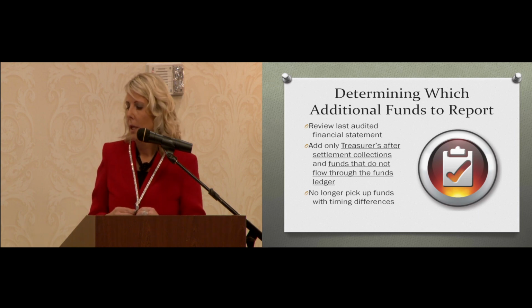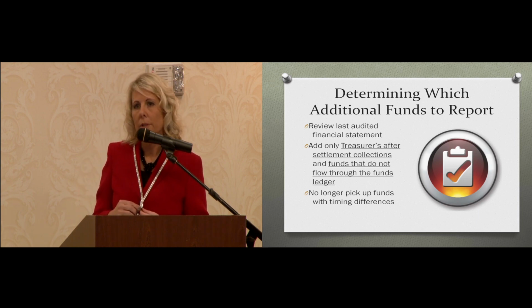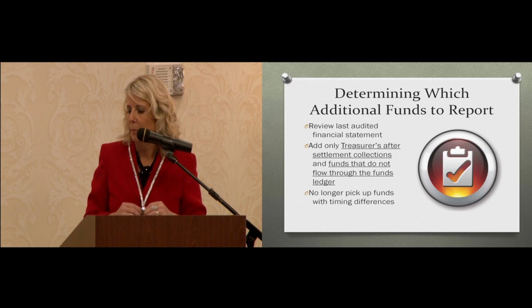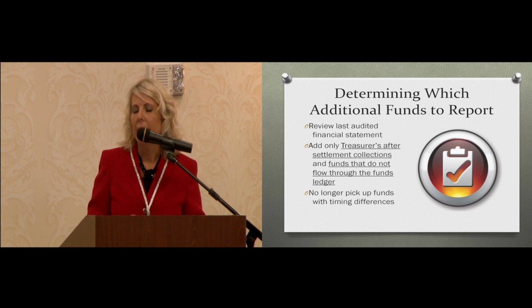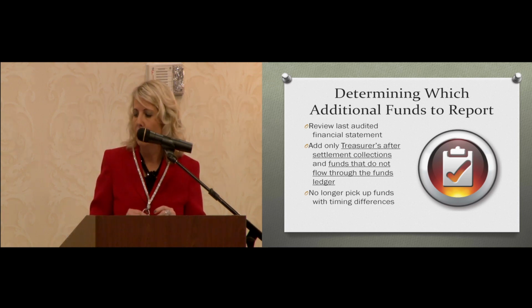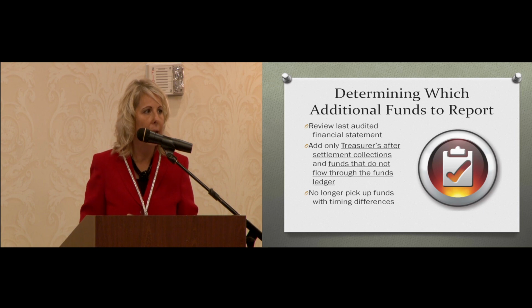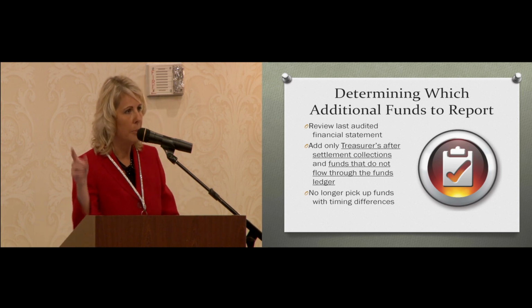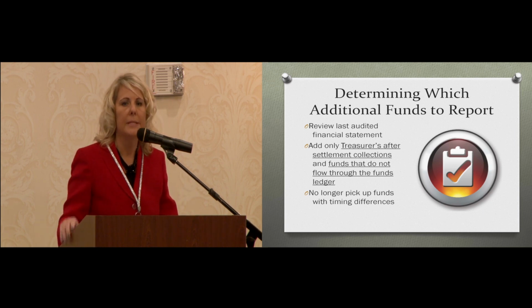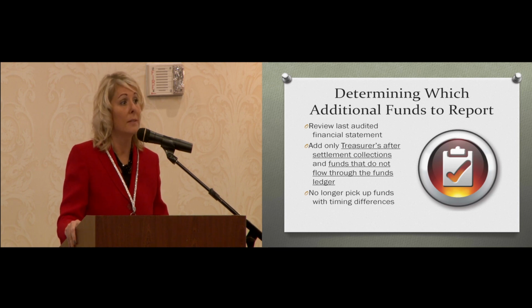Okay? And you will also need a supplemental AFR form for the funds that do not flow through the funds ledger at all. What you will find is that you'll have probably circled on your financial statements things like recorder's trust.